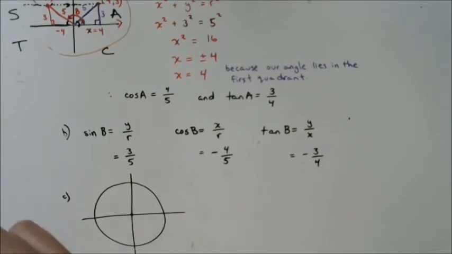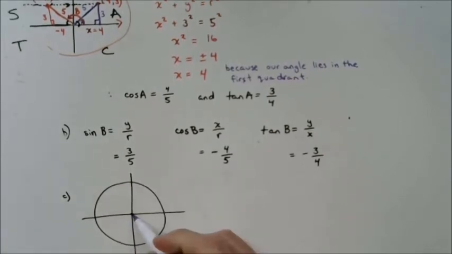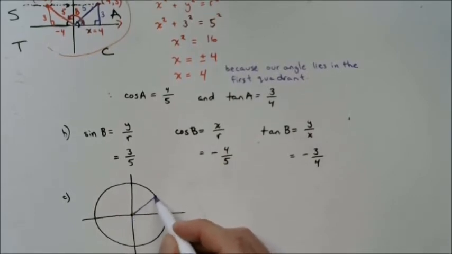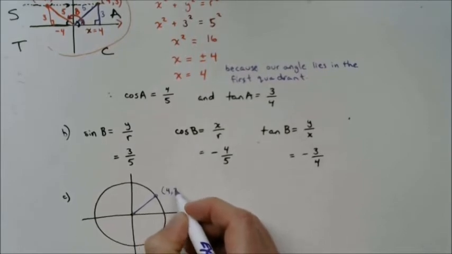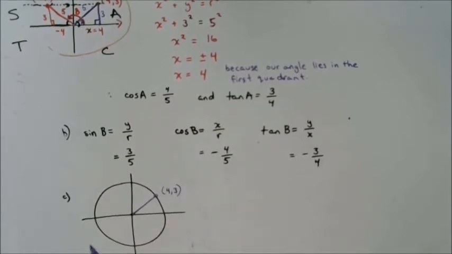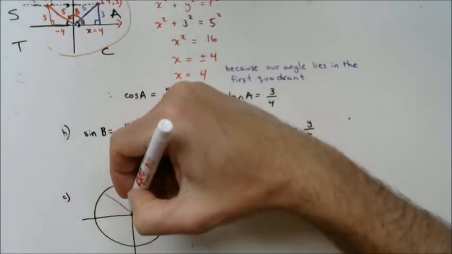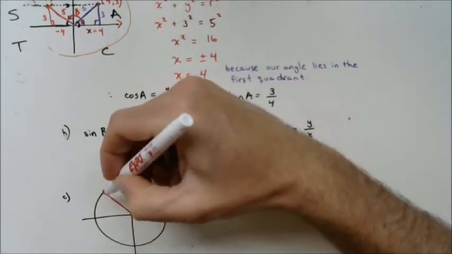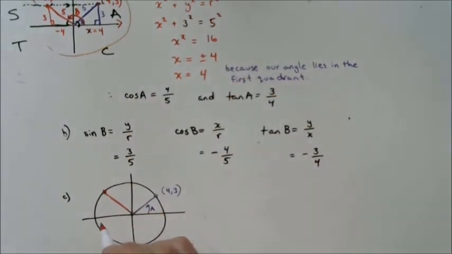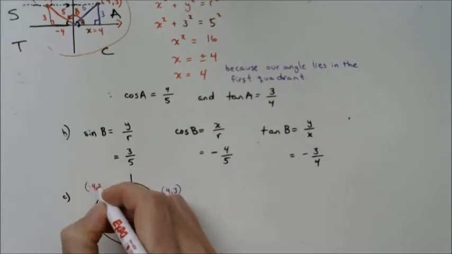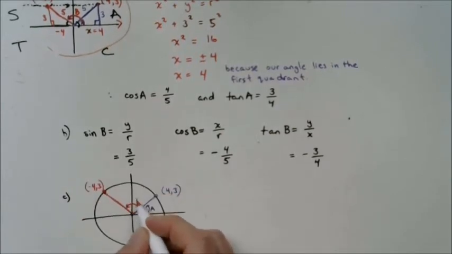We have, and I'll try to use the same colors, angle A stretching out up here with coordinate 4, 3. And we had angle B out here, and its coordinate, where it meets the edge of the circle, was negative 4, 3, angle B.